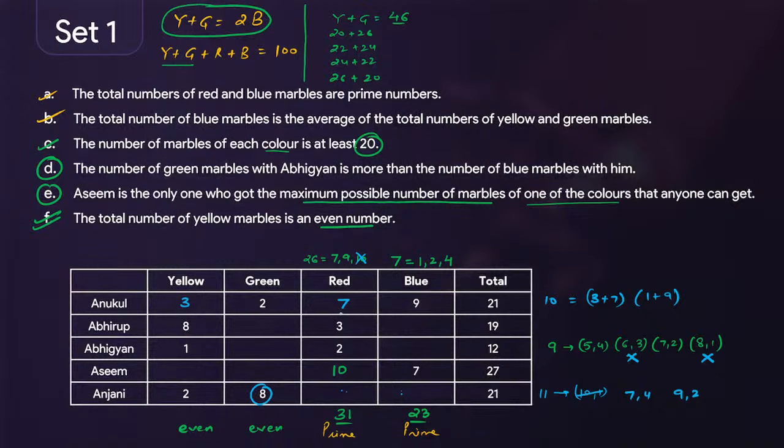So 7 is gone from red marbles. So for Anjani, the number of red marbles has to be 9. So for Anjani, the number of blue marbles has to be 2. All right, clear? So ये sorted है, Anjani is sorted and Anukul is sorted.